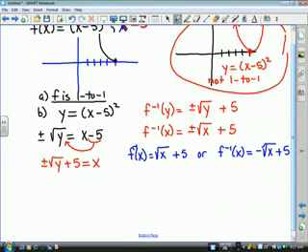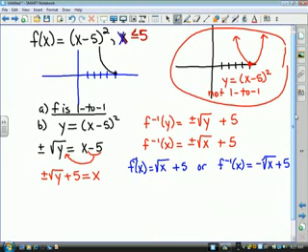And then here's where domain and range comes into play. So over here in the problem, they told you that the domain was negative infinity to 5, right? Isn't that what x is less than or equal to 5 is? Right? What is the range of that?